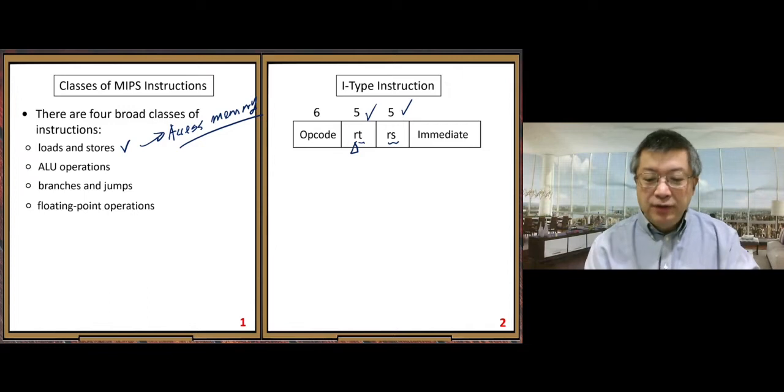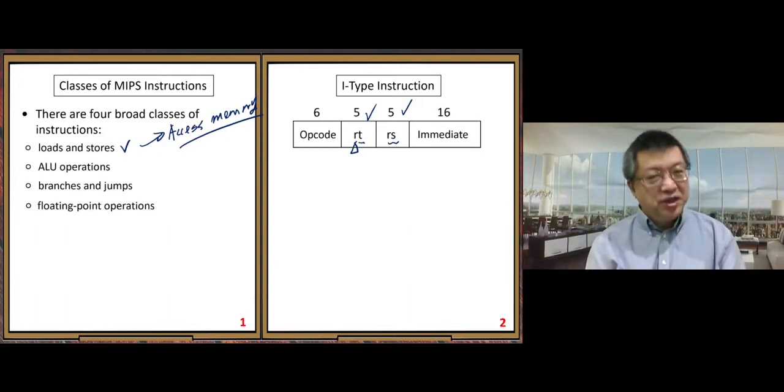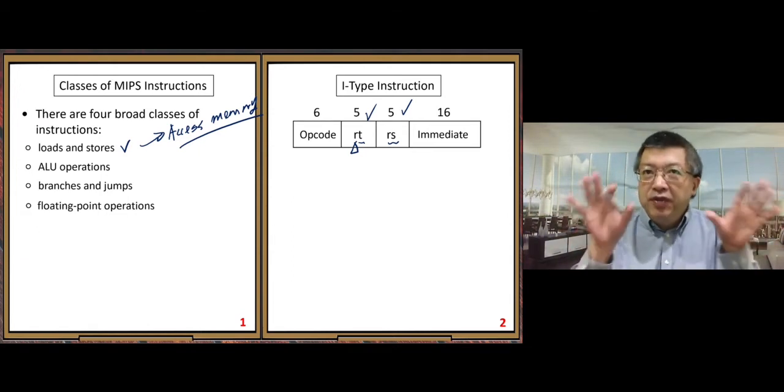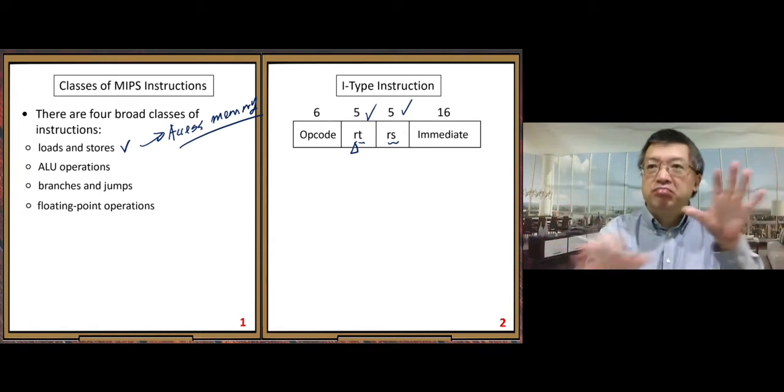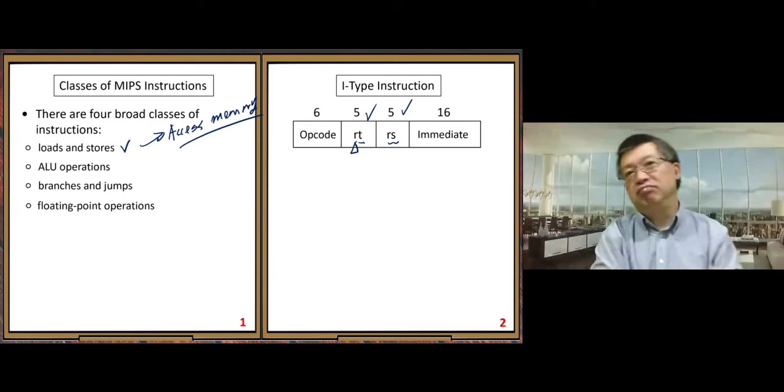The last field is the immediate field, the constant, the last 16 bits. So for an I-type instruction, we use these 4 fields to encode one instruction.